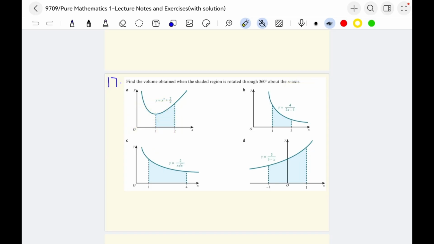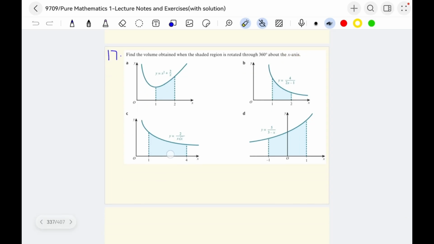To get the volume of the shaded region about the x-axis, through 360 degrees, V equals, don't forget the pi, the region times y squared times dx.